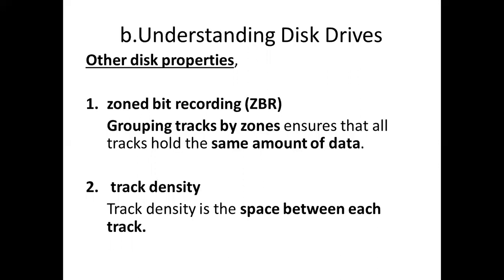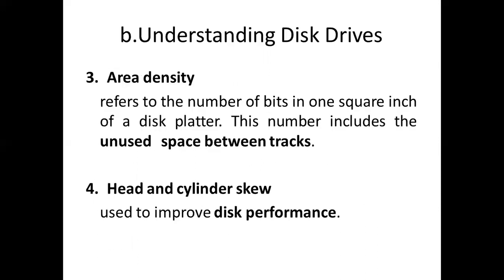When we group tracks which have the same amount of data, they constitute a zone, and doing this is zoned bit recording. The space between each track is known as the track density. And the unused space between tracks can be referred to as area density. And the head and cylinder skew represents the disk performance.